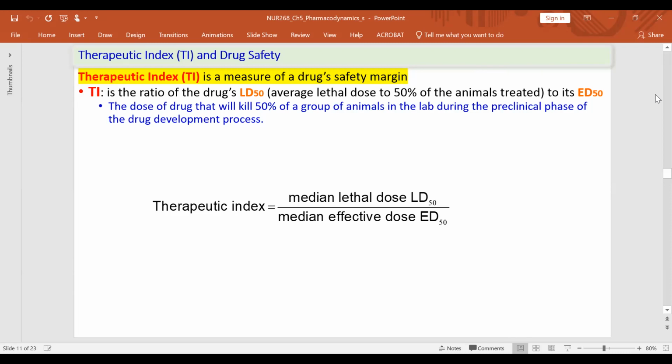We'll cover this in Patho Pharm 2. It is the lethal dose in 50% of a group of animals. This is usually done in preclinical trials on non-human subjects, and cannot be experimentally determined in humans.